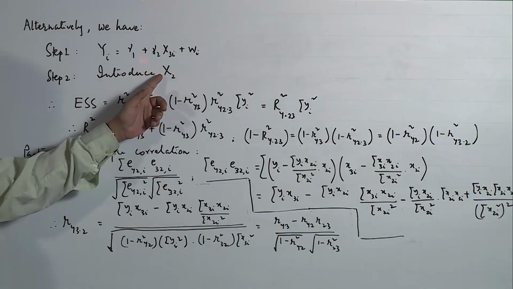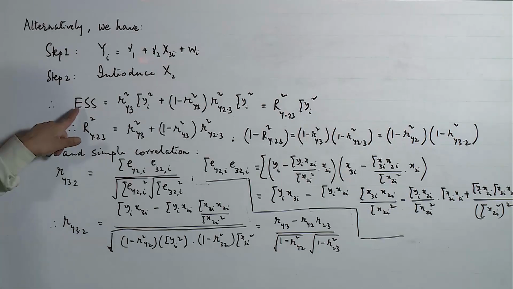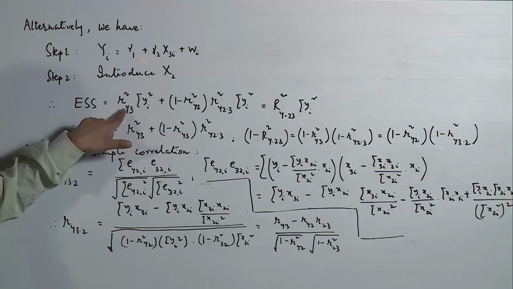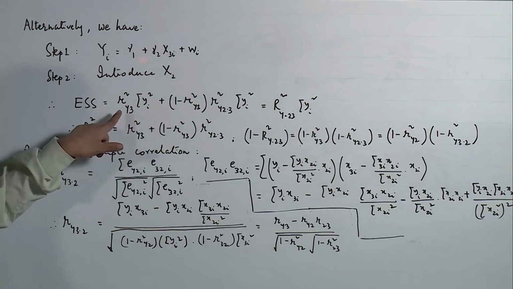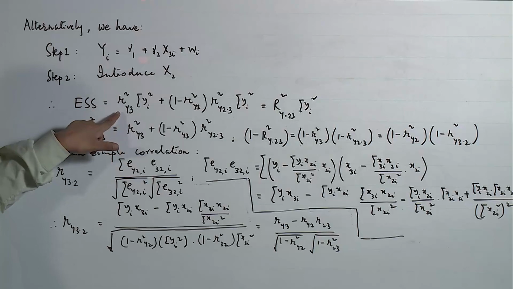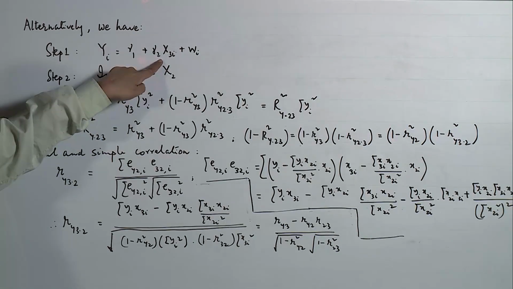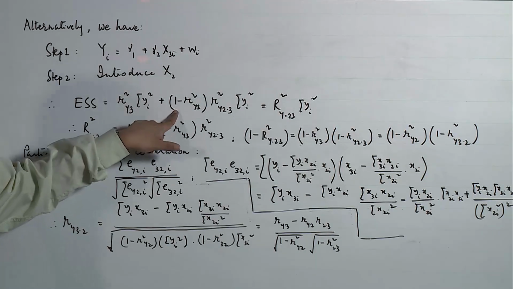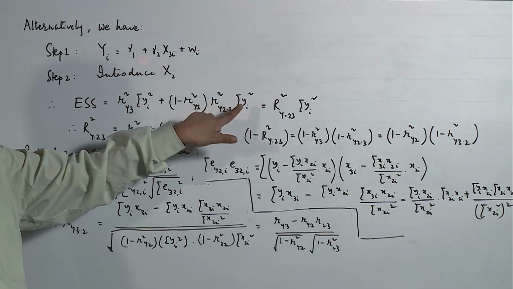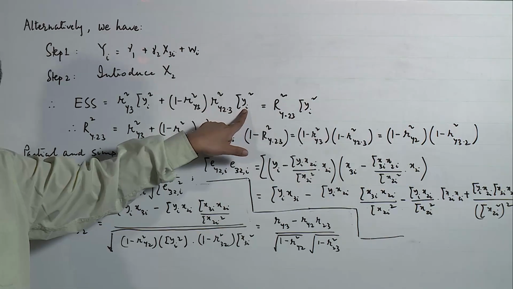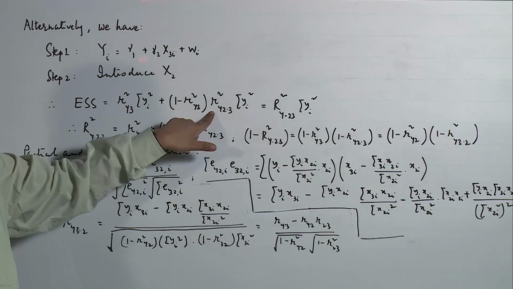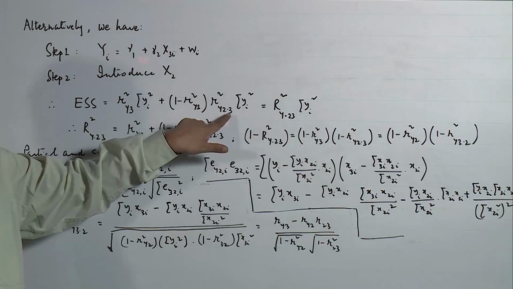and then introduce x2 in step 2. Accordingly, the explained sum of squares will be the sum of ESS1 and ESS2. Here ESS1 is r square y3 summation yi square because we had introduced x3, and 1 minus r square y3 summation yi square is the residual sum of squares in step 1, which is further decomposed into the explained sum of squares in step 2 given by r square y2 dot 3.